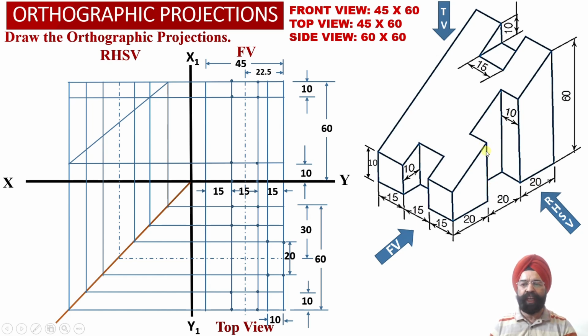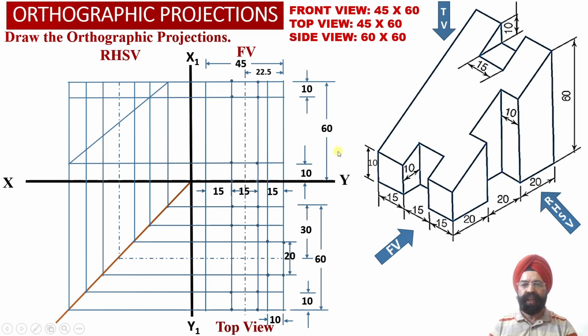So how do we evaluate these 2 points? Once again we are going to make use of the fundamentals of orthographic projections in order to evaluate the location of these 2 heights into the front view projections over here. We can check this edge will be visible to the observer somewhere here.